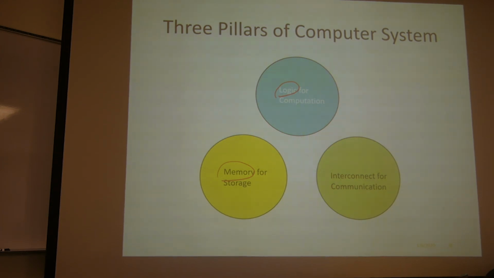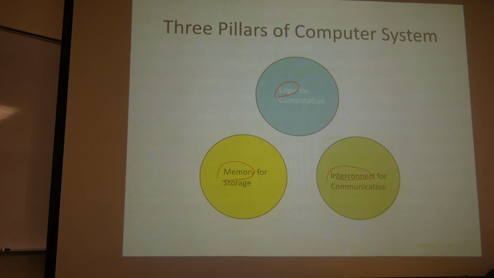And then we have the logic and the memory. And then we still need the interconnect to communicate between different parts of the system. For example, if the logic wants to talk to the memory, then the signal needs to go through the interconnect between logic and memory.